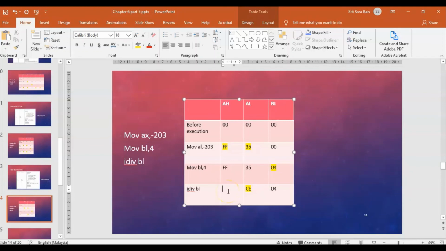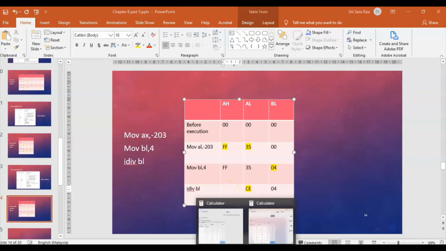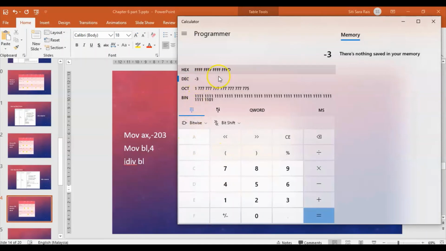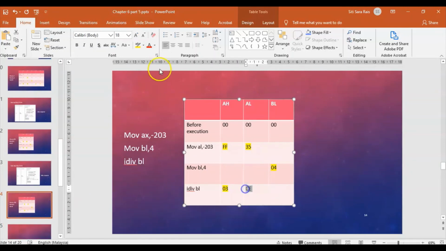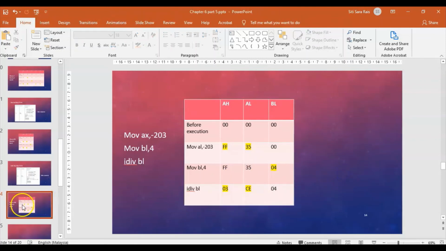We have negative 3, and negative 3 is equal to FD. So the rest is maintained with the latest value. Then we will continue to lab 4.